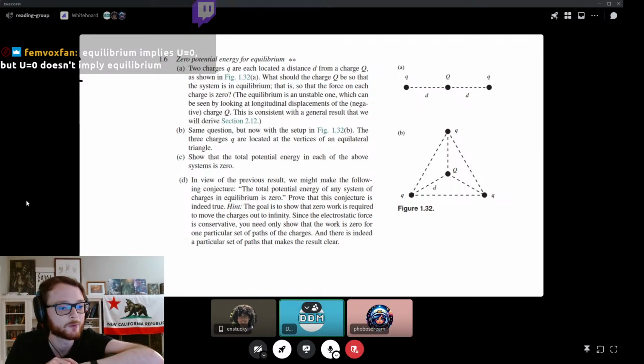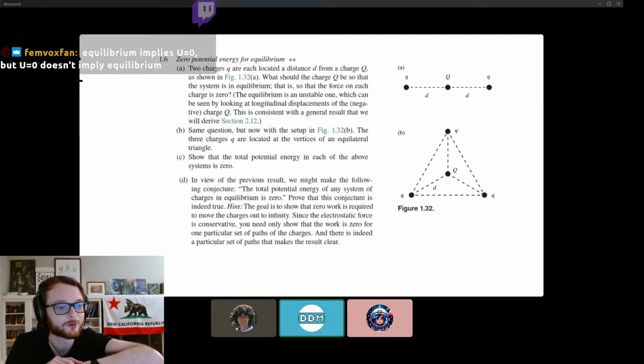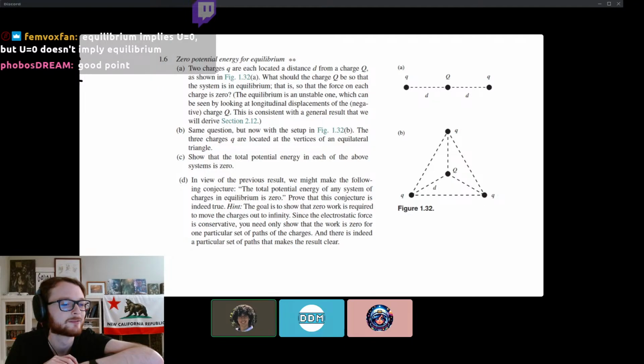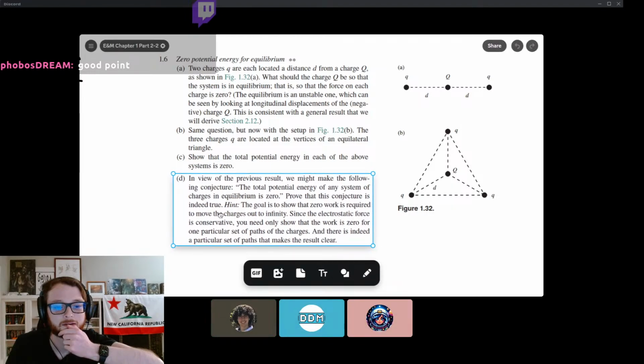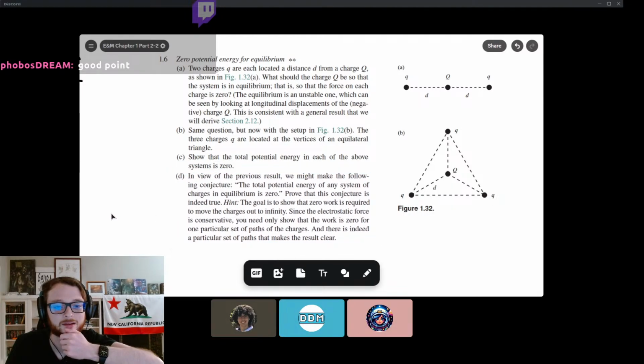Equilibrium implies u equals 0. U equals 0 doesn't imply equilibrium. It could be an unstable equilibrium. I feel like that's still an equilibrium, though. It'll never last, Don.